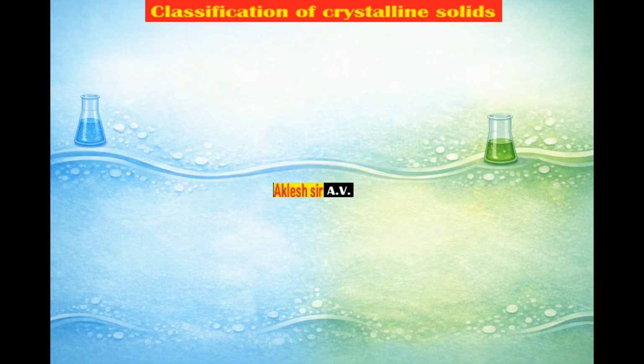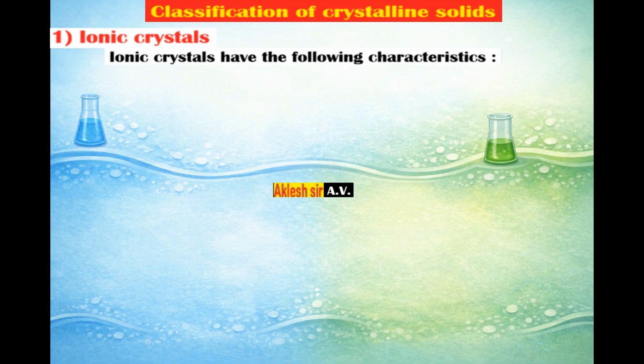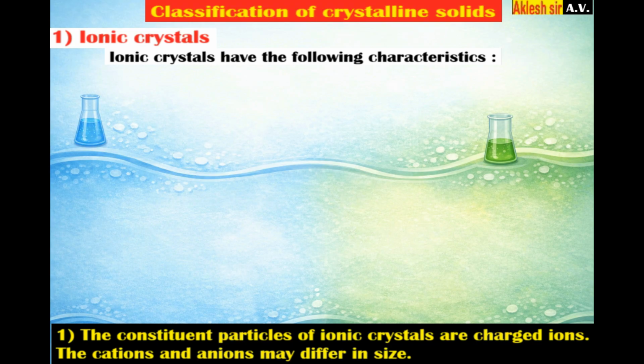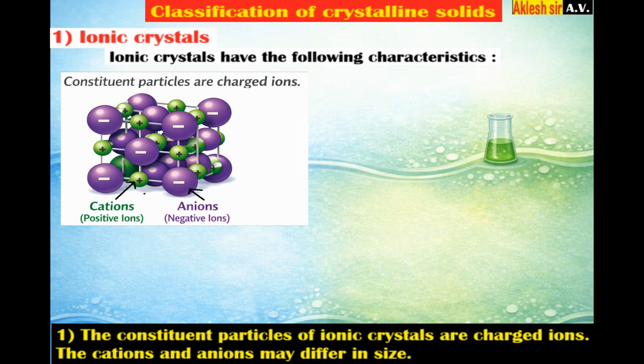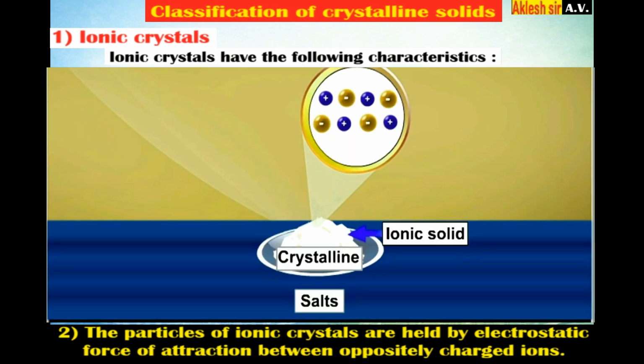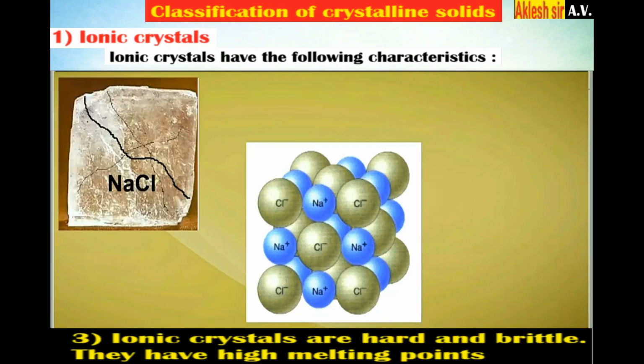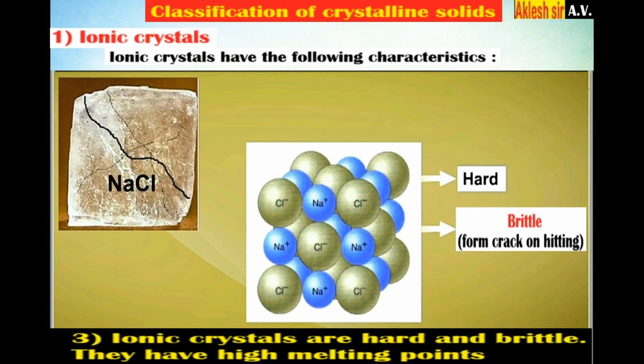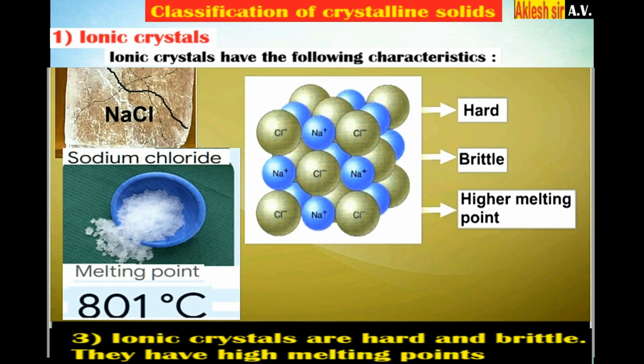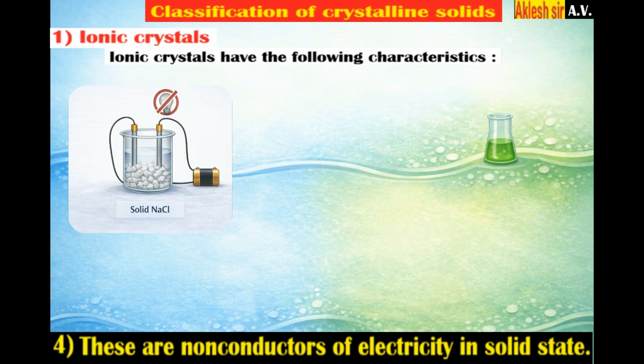Classification of crystalline solids. Ionic crystals. Ionic crystals have the following characteristics. 1. The constituent particles of ionic crystals are charged ions. The cations and anions may differ in size. 2. The particles of ionic crystals are held by electrostatic force of attraction between oppositely charged ions. 3. Ionic crystals are hard and brittle. They have high melting points. 4.